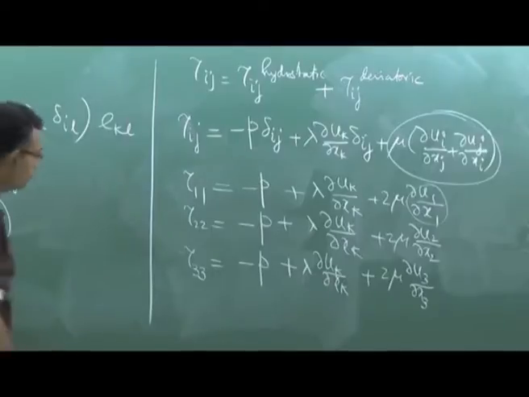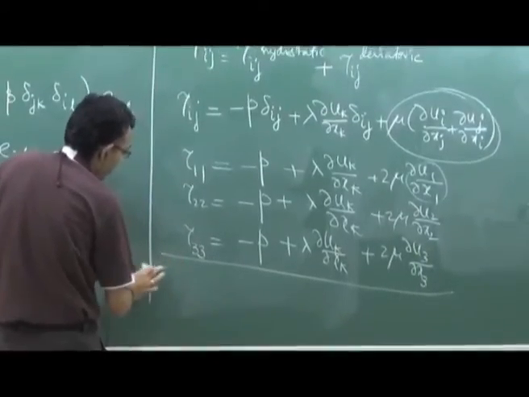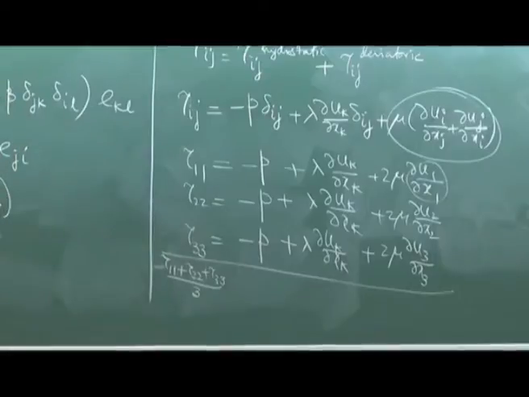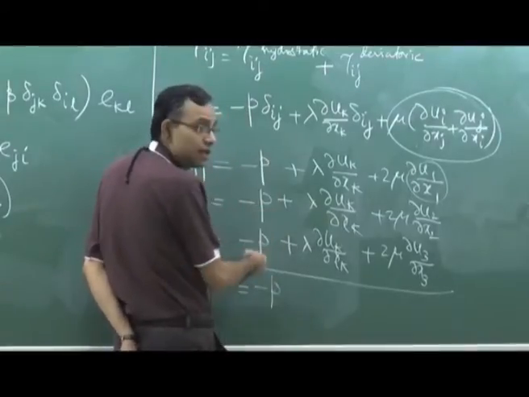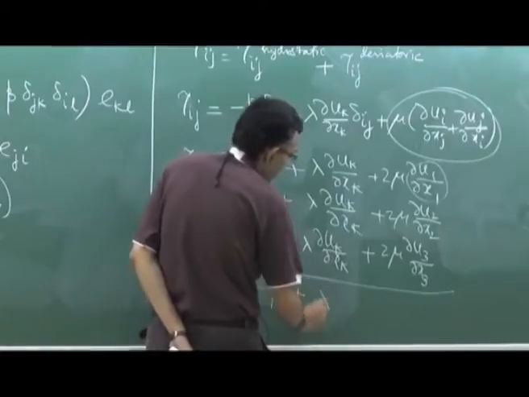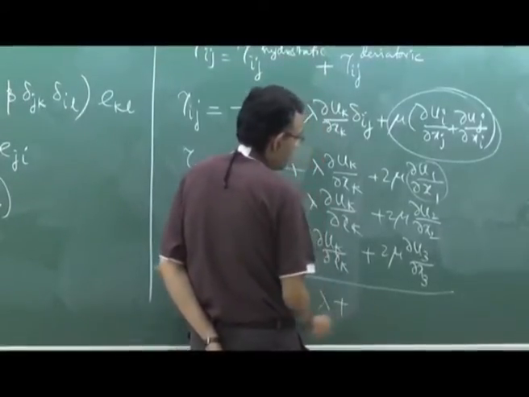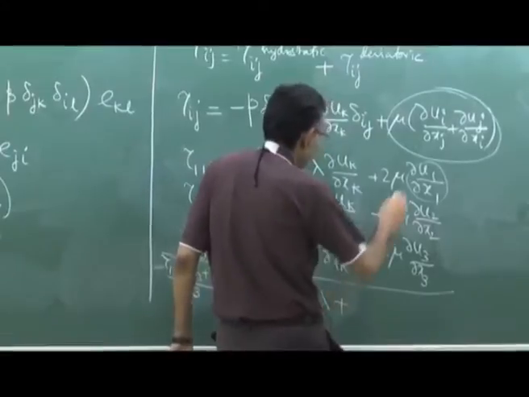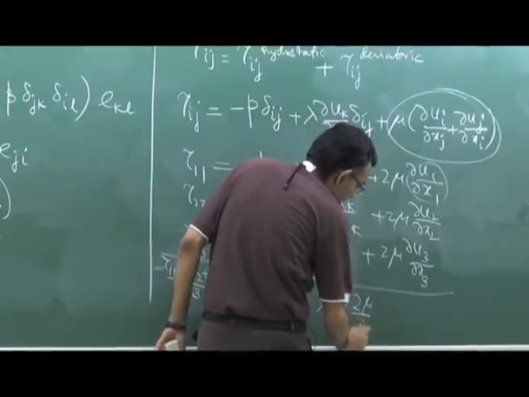So now if we want to find out what is minus tau 11 plus tau 22 plus tau 33 divided by 3, the average of the normal component of stress, that is equal to minus p, this 3 divided by 3, plus lambda, 3 lambda divided by 3 is lambda, plus 2 mu into del u1 del x1 plus del u2 del x2 plus del u3 del x3, that is del u k del x k, that divided by 3.